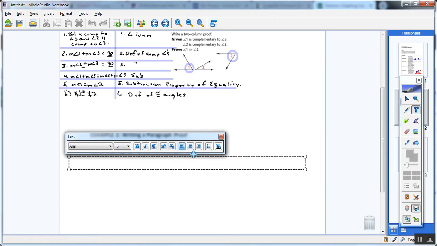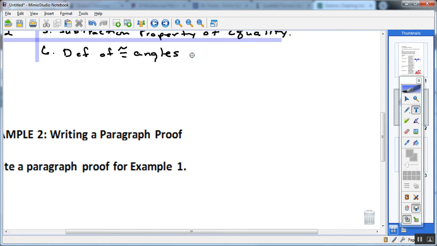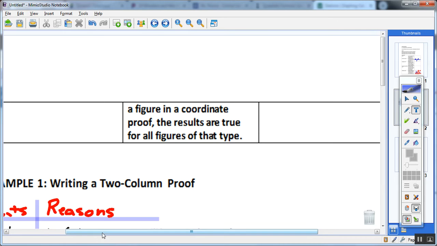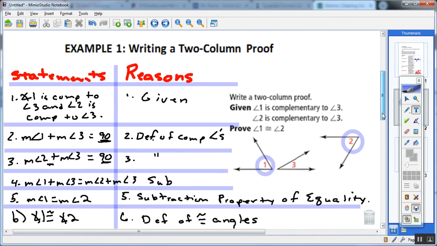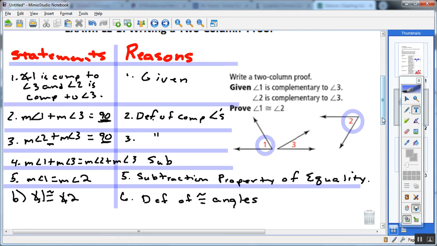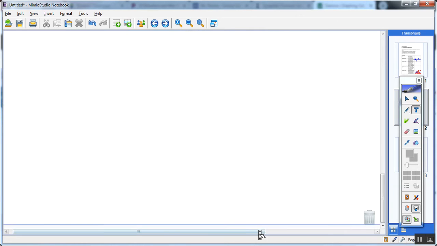So guys, let's start out with this right here. Let's go back to the top. What did we know right away, kids? That angle 1 and angle 3 are complementary, and 3 and 2 are. So I could say because angle 1 and angle 3 are, what's the word?